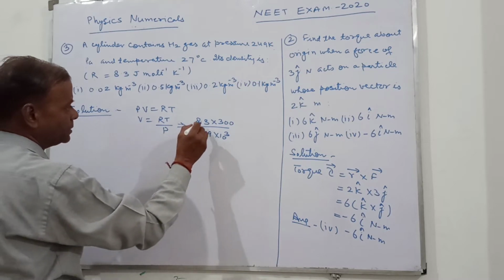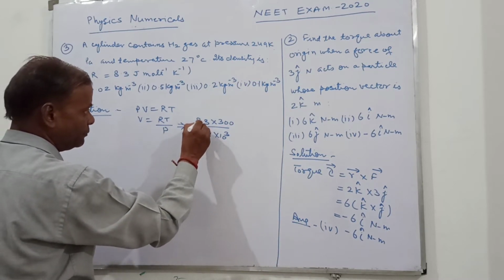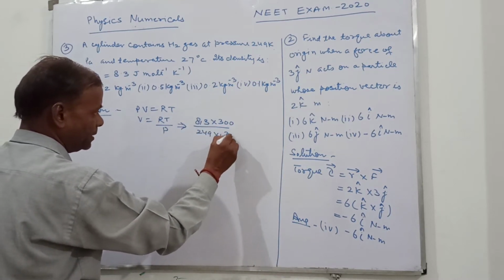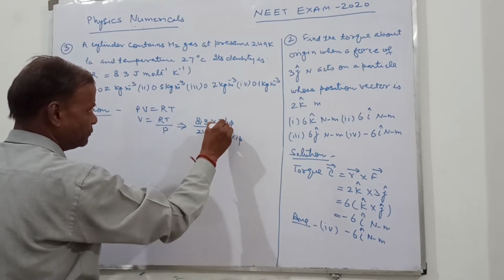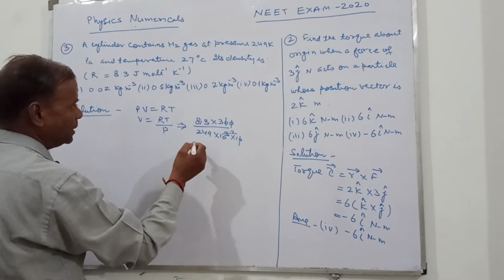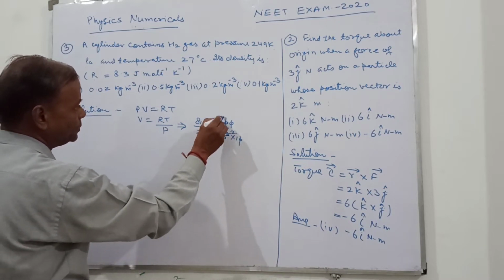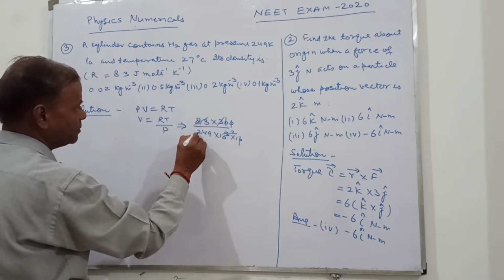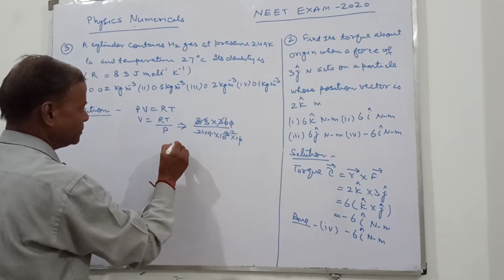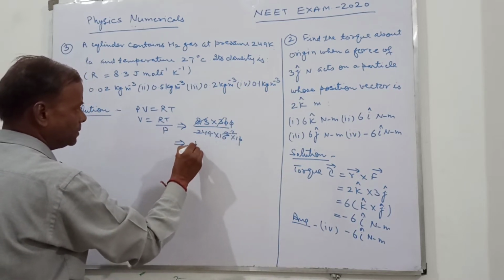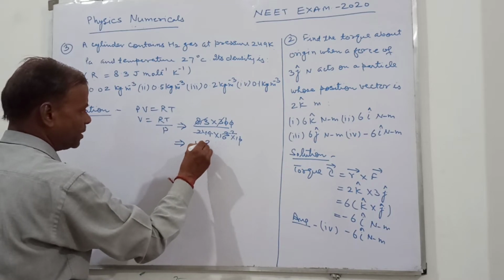Now just to solve this one, the terms will cancel: this will cancel by this one, this cancels by 2, and this will cancel by this one. So now what remains is 10 raised to the power minus 2.